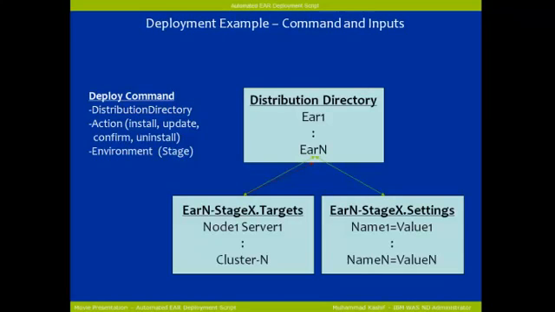This is a deployment command. Like we have 2 to 3 EAR files, we put those EAR files in a directory, and then those EAR files can be deployed to multiple targets. There can be more than 2 clusters, so the EAR files will be deployed on those specific cluster members.